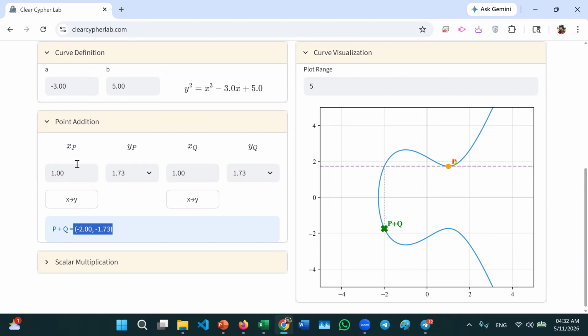If I have the value of P at 1 and 1.7, I'm going to have the value for Q as 1 but with a negative value. Now we see that, again, we have a vertical line. So the result of the addition is a point at infinity.